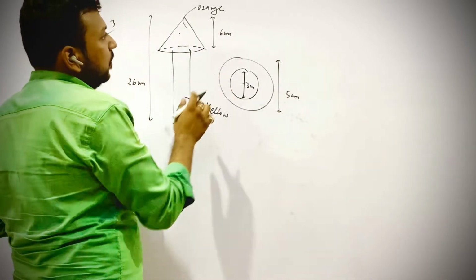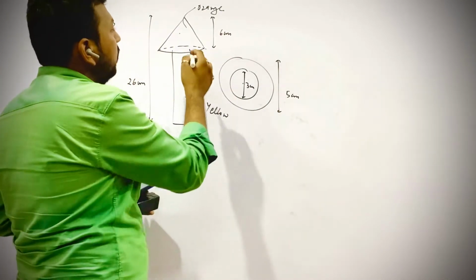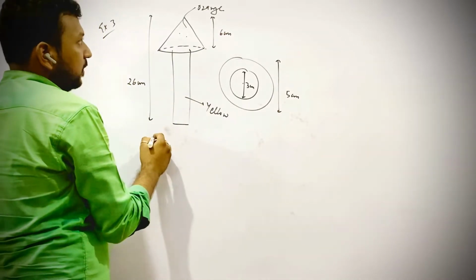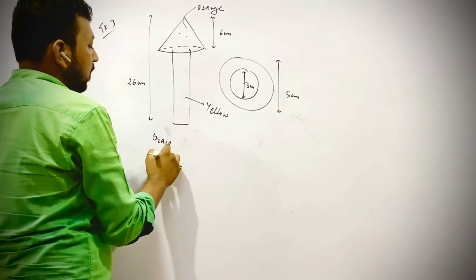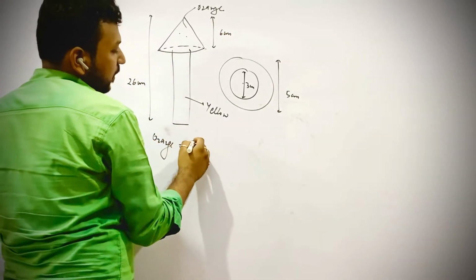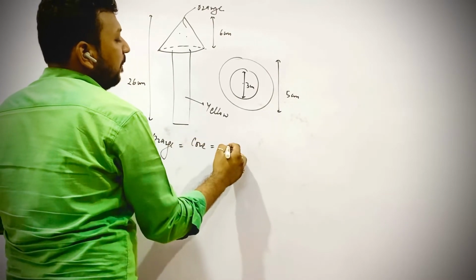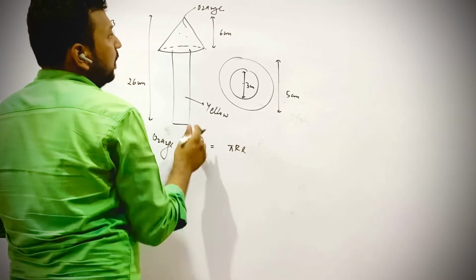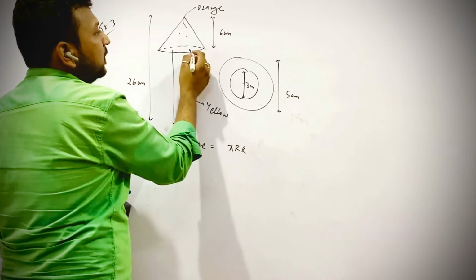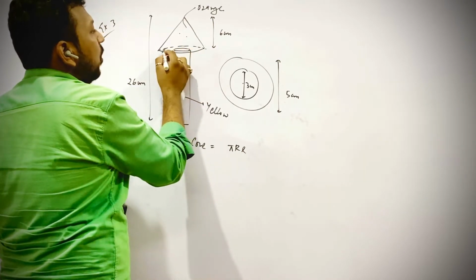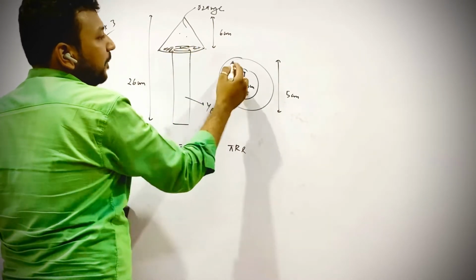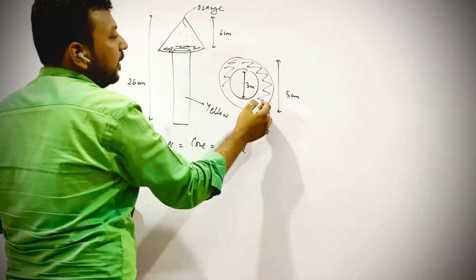Right? So see, if you paint this, first of all, let us talk about the orange color. Orange color is for the cone. So that is pi r l plus this area, the external area. This also you have to paint, right?